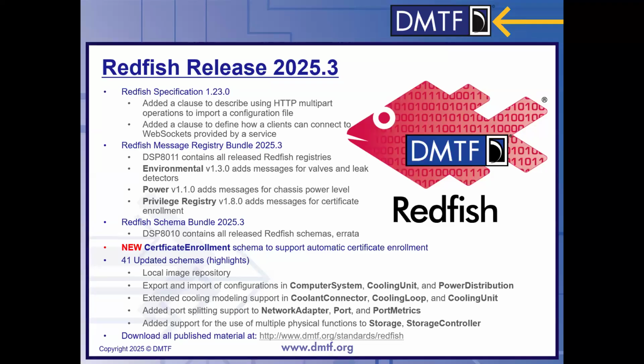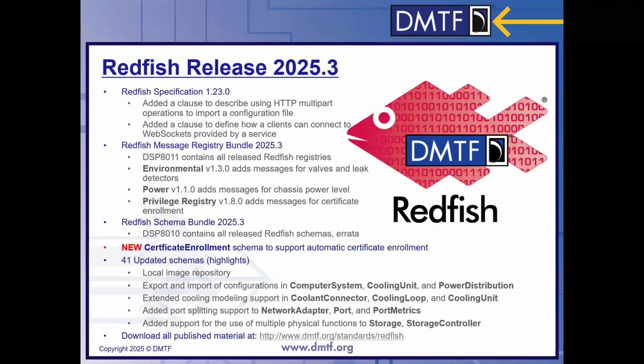We've added new messages to the power message registry to indicate power types of operations that occur at a chassis level, such as, did a chassis power off or power on? So those kind of large scale types of power operations. And then we've also added new resources to the privilege registry. So you'll see this in a couple slides. There's new resources defined for certificate enrollment capabilities.